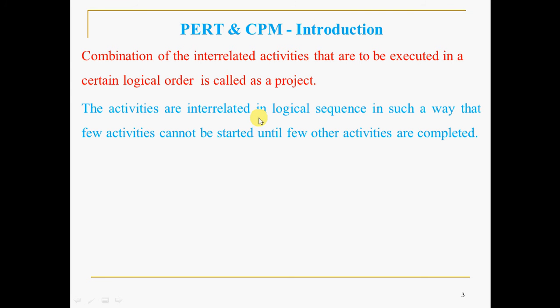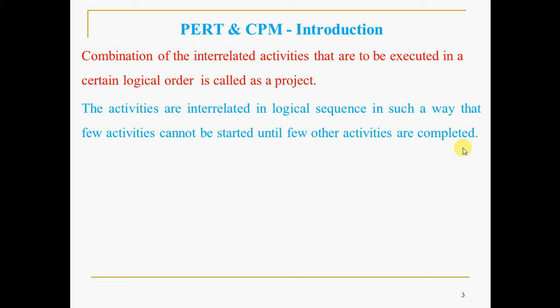The activities are interrelated in a logical sequence in such a way that a few activities cannot be started until a few other activities are completed. For example, if you take construction of a building, unless you complete the foundation, you cannot go for construction of the wall.